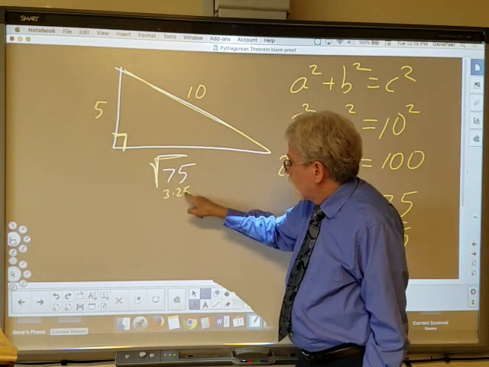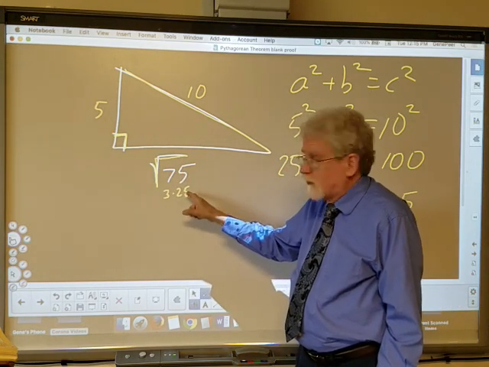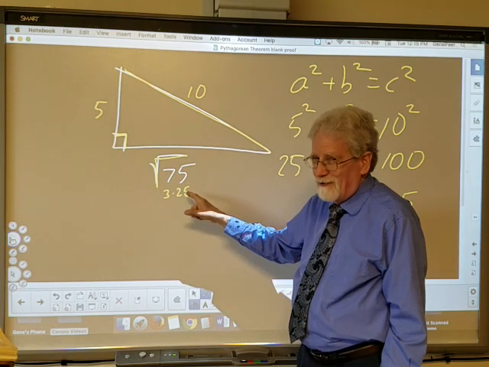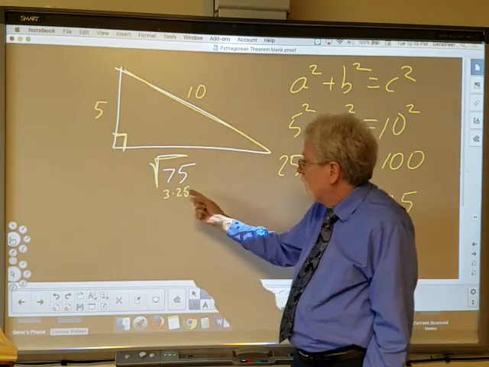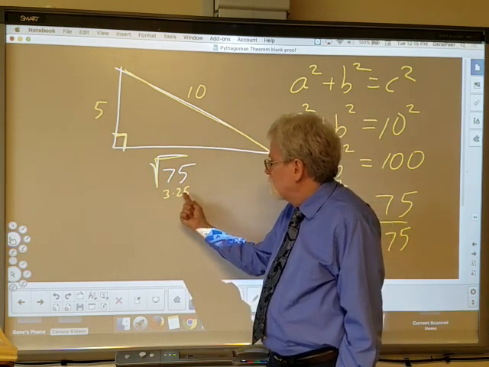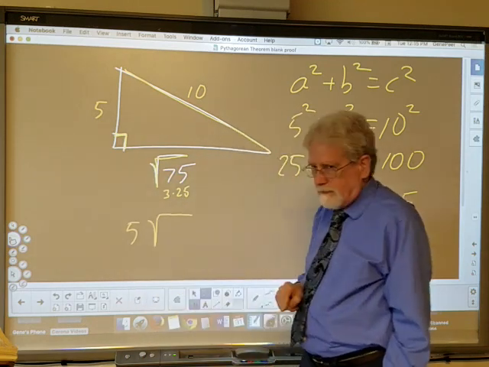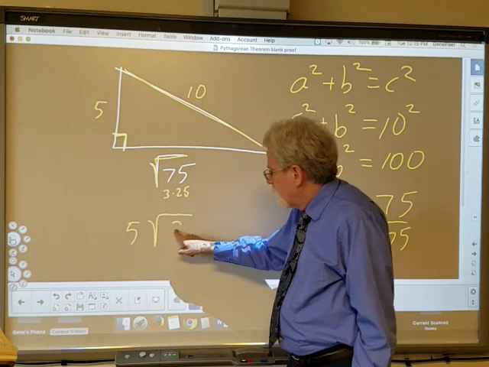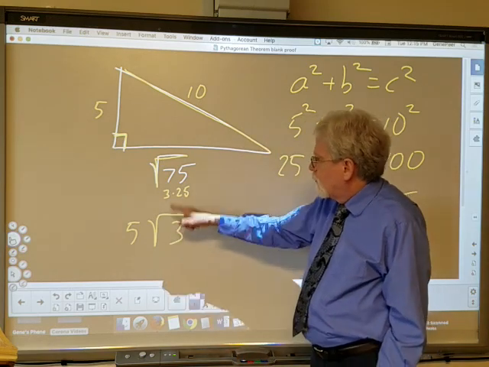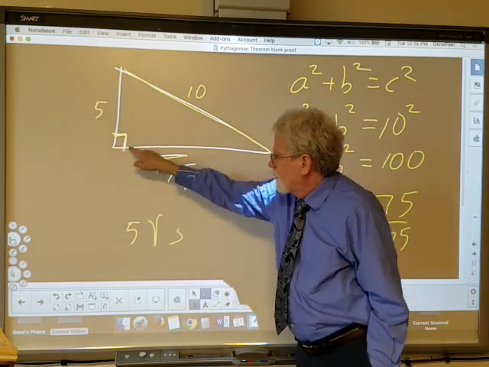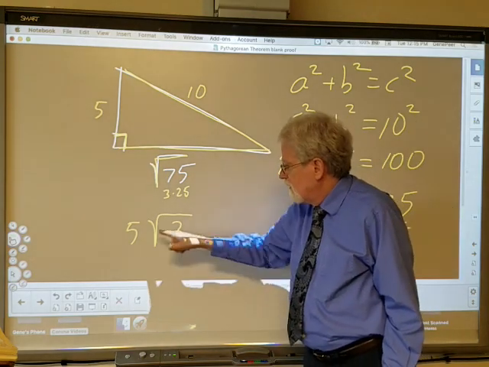Because we know the square root of 25, the 25 is able to, what's the word? Yep, I heard you. Yes, the 25 goes out and goes pa-ching, pops out, turns into a 5 on the outside, and we're left with a 3 on the inside. So the proper way to express the length of this segment is 5 square root of 3.